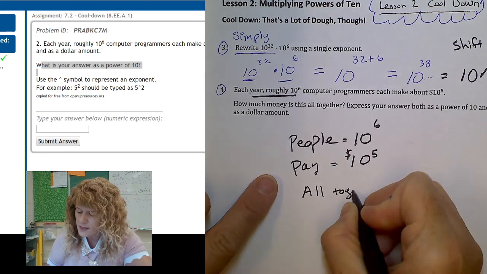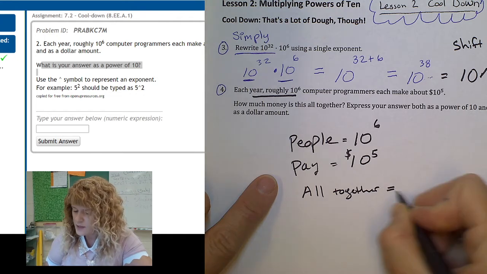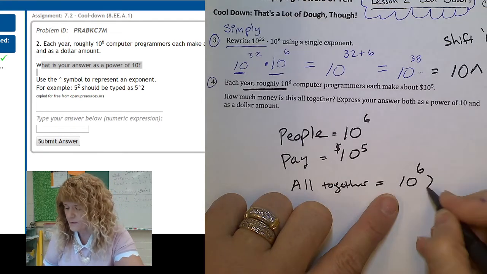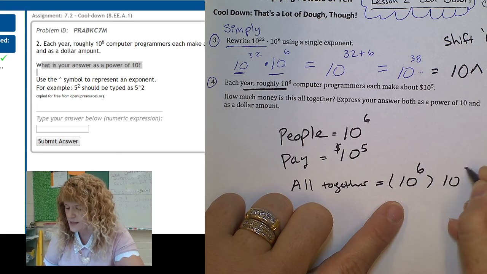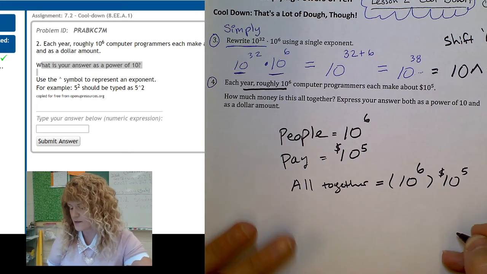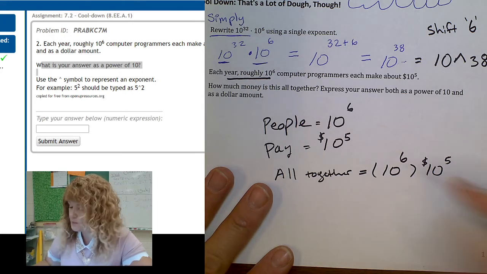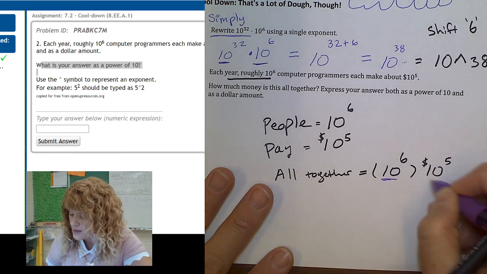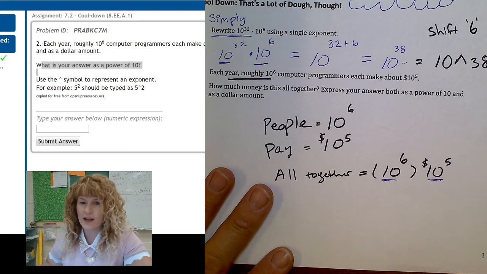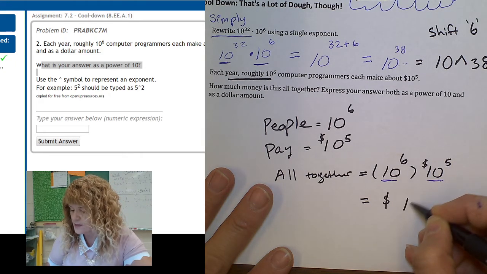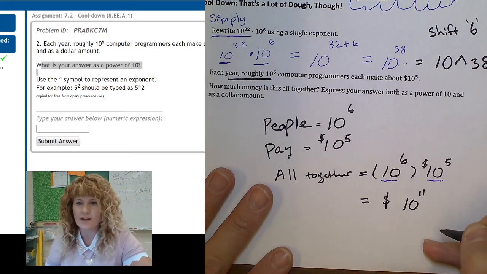So all together is 10 to the 6th number of people multiplied by 10 to the 5th dollars. And you know that when you're going to multiply the same base, you add the exponents. So the answer in dollars is 10 to the 11th.